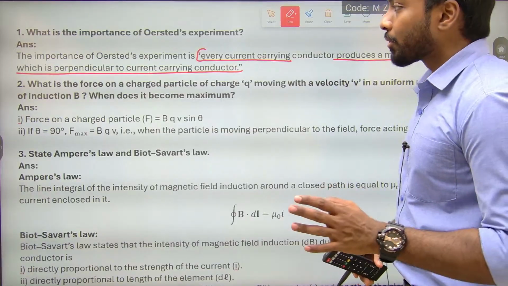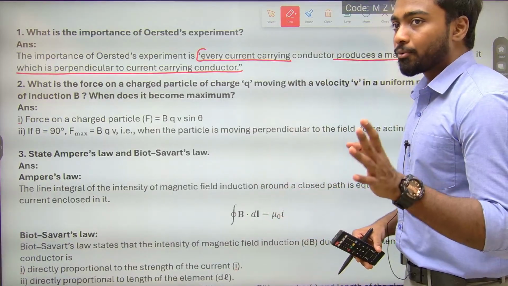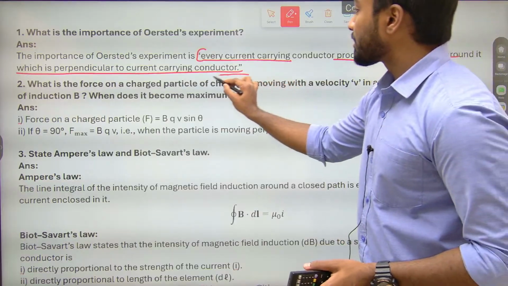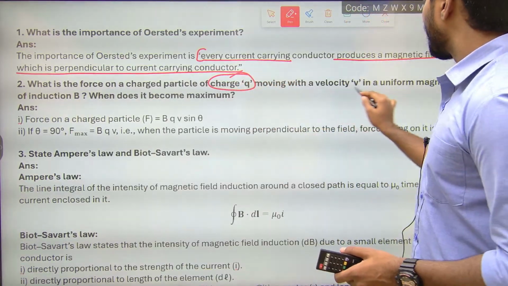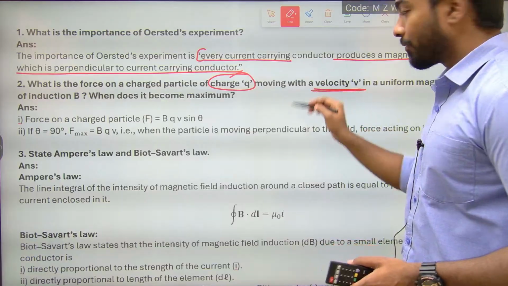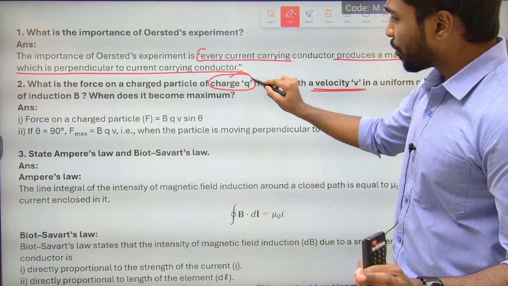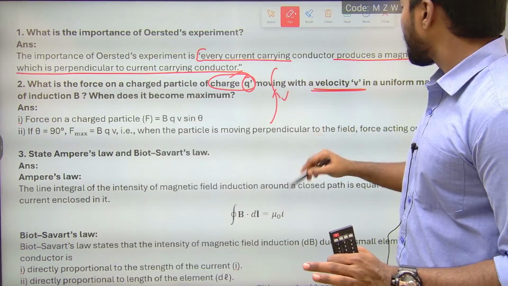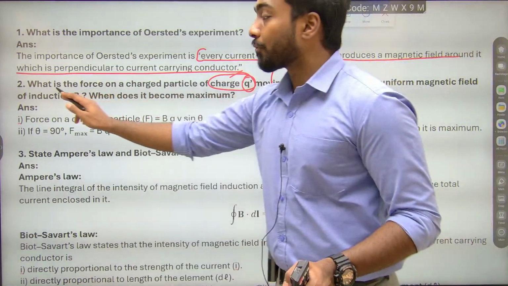Next one, what is the force on a charged particle of charge q moving with velocity v in a uniform magnetic field of induction B?